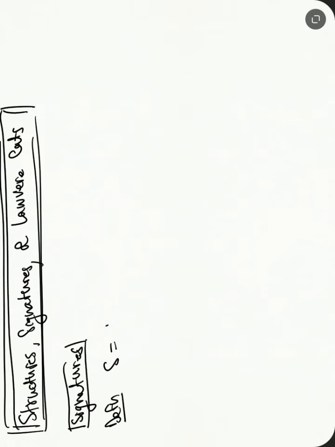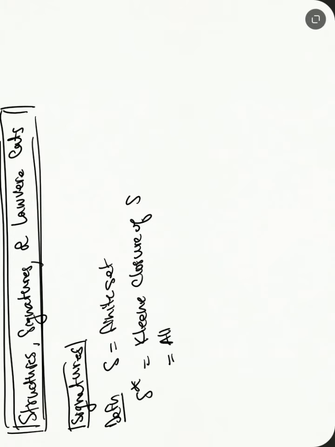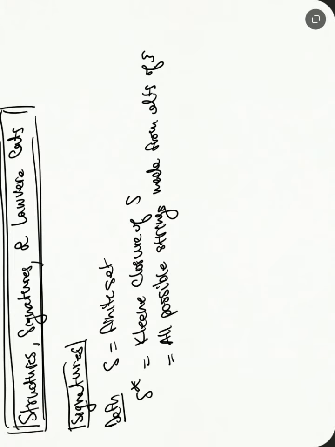If S is a finite set, then S star, this is going to be called the Kleene closure. And this is essentially all possible strings made from elements of S. Usually it's considered with the operation of concatenation, and it has this thing here, epsilon, which is the empty string.